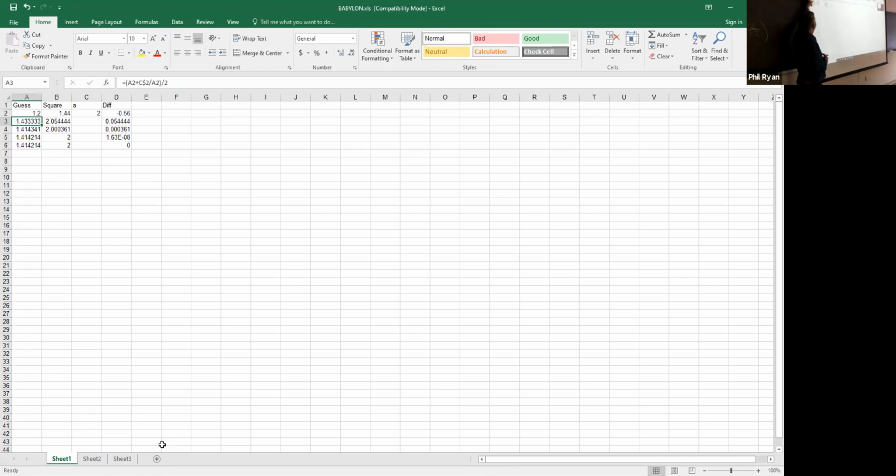So we went from a crappy guess to a good guess. And so we use that again, we get this 1.414, and its square is 2.000361. So we went from a good guess to a better guess. And then the next one, its square is actually 2. So in three goes, we went from something crappy to something which was fantastic.